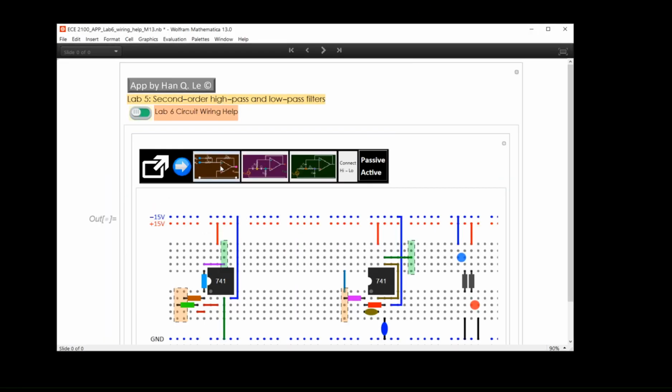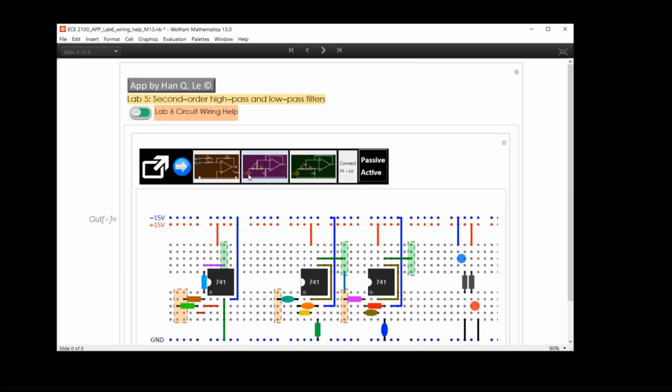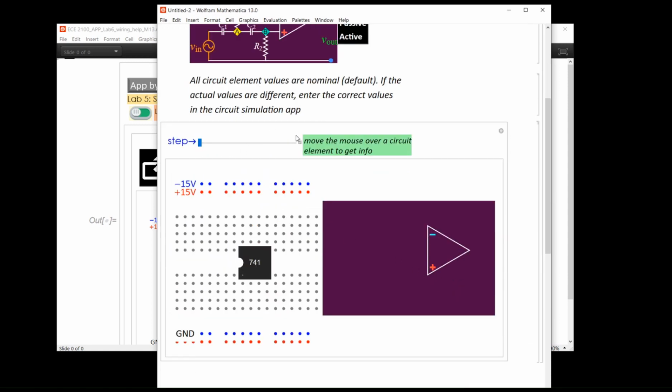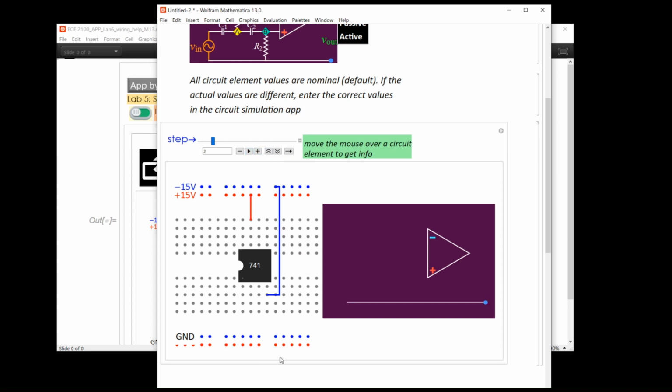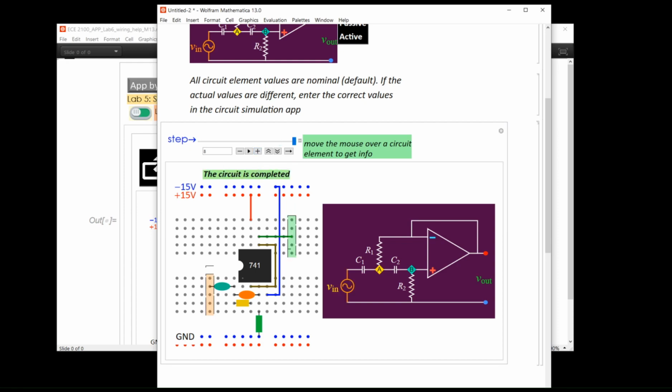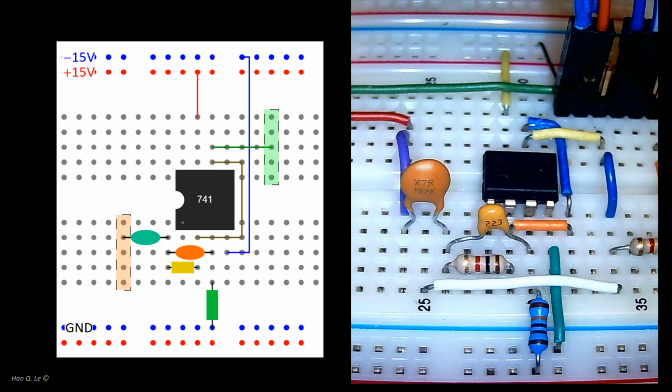The wiring is relatively simple and straightforward. This photograph shows a representation of this high-pass filter circuit.